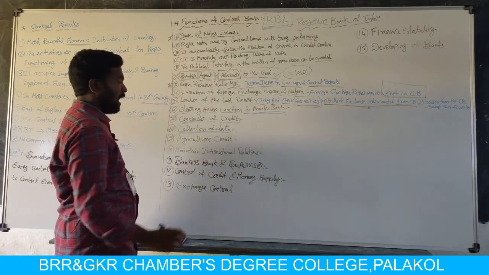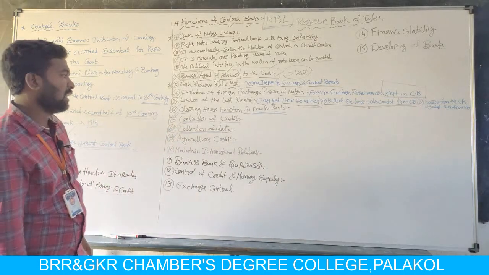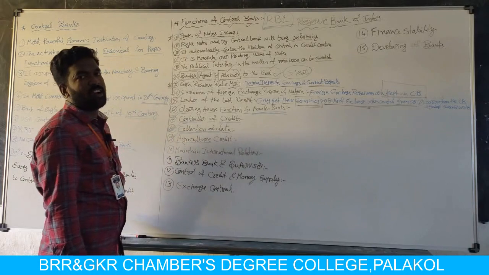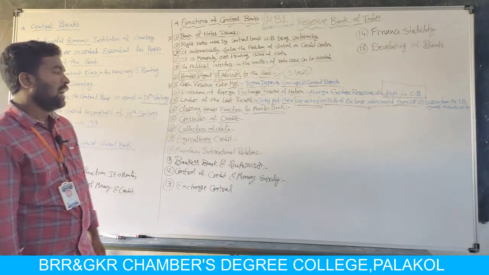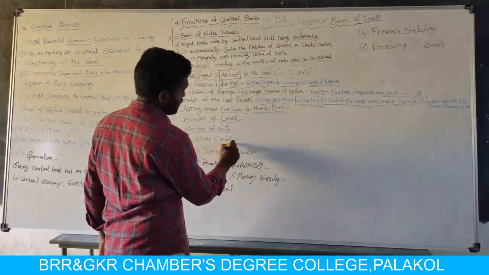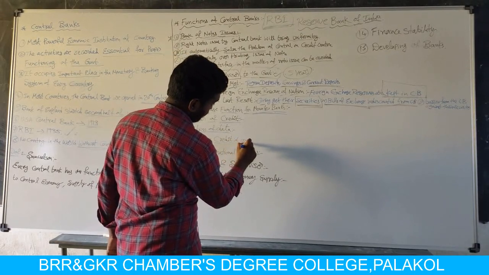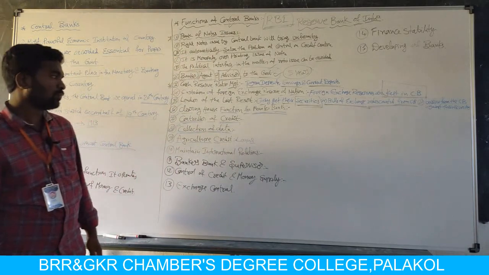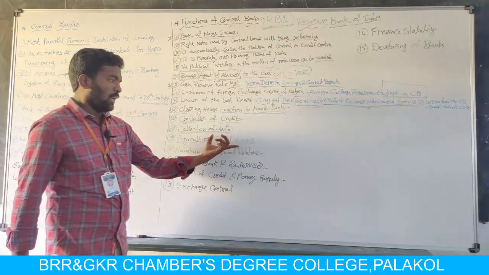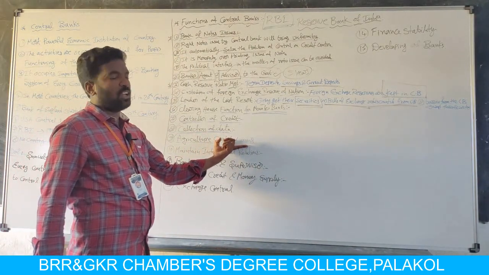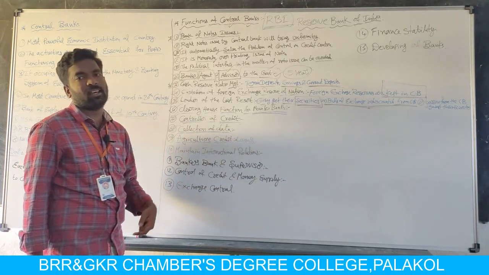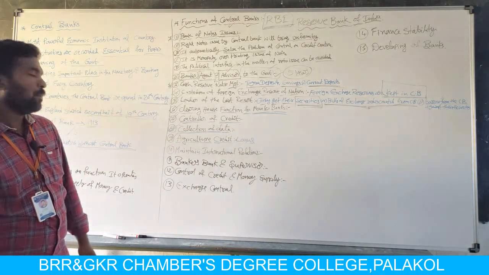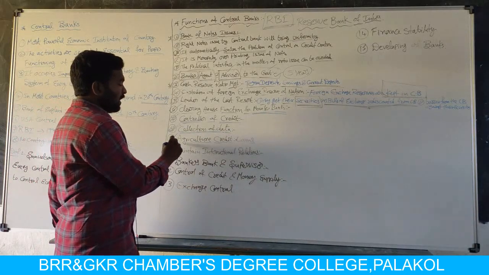Then the ninth one, agriculture credit. The Reserve Bank of India gives credit, meaning loans, to agriculture farmers. Why?